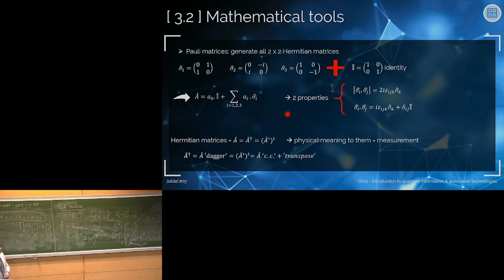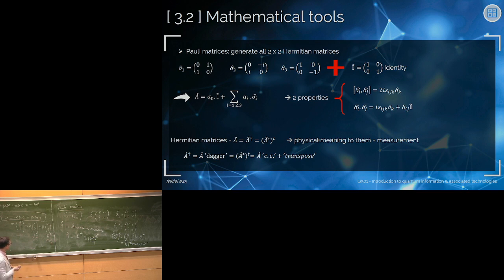There are other properties that link all these matrices, sigma 1, 2, and 3. These two properties we will see later on. But basically, from all of these sigma 1, 2, and 3, with two of them you can generate the third one, as there is a linear combination between them.